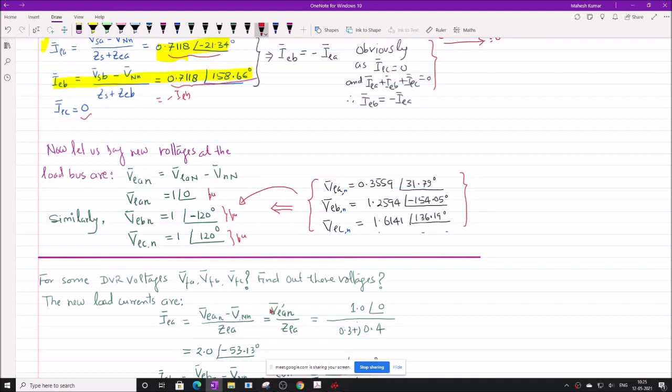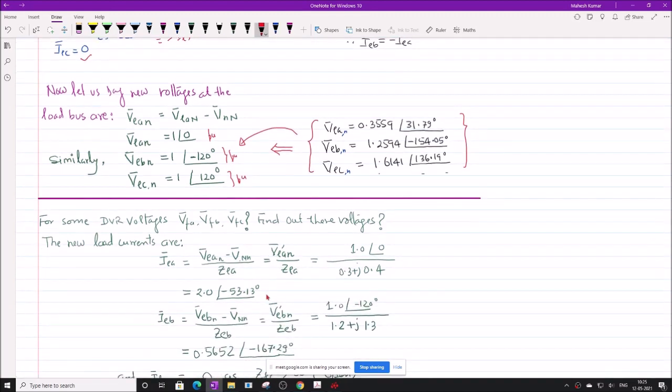Okay, so note that ILA will be VLAN minus VNN, the load voltage with respect to system neutral and the load neutral with respect to system neutral. We can say VLA and dash. So ILA will be VLAN minus VNN by ZLA, and solving this gives you this current, 2.0 angle of minus 53.13 degree.